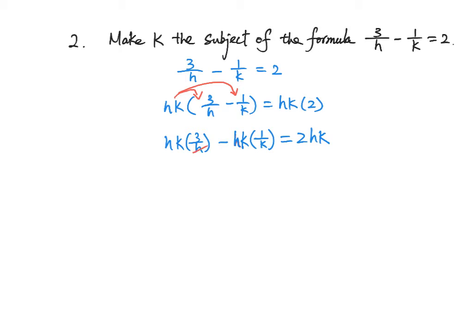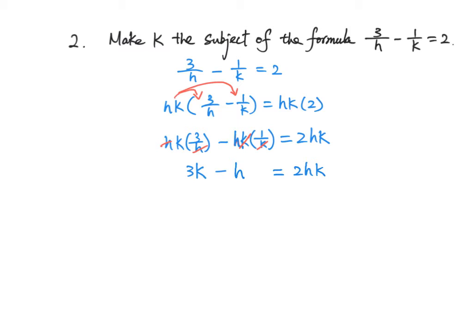On the left hand side, H can be cancelled, so we have 3K here. K and K can be cancelled, so we have negative H times 1, which is negative H, equal to the right hand side 2HK.